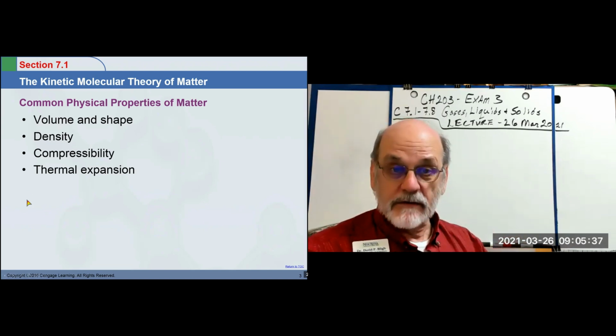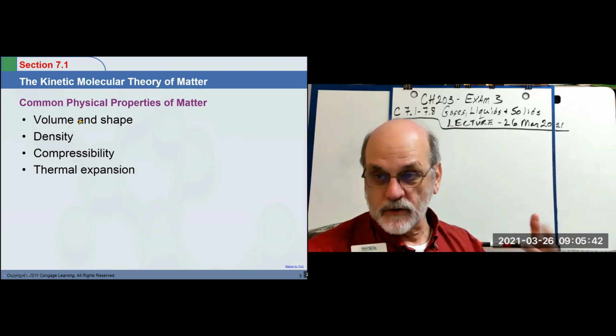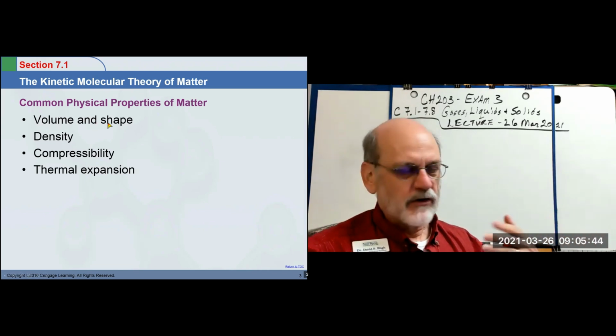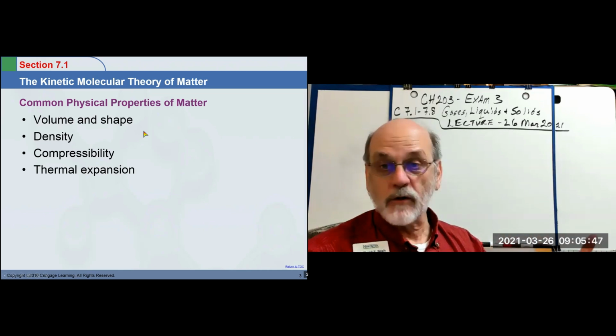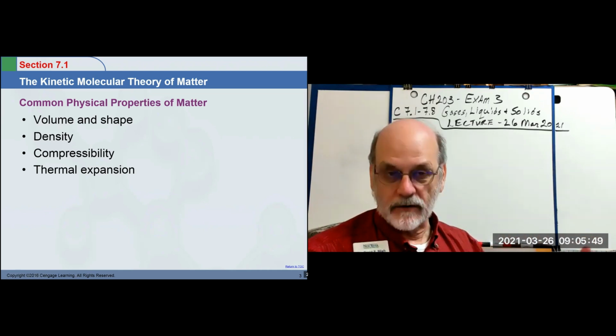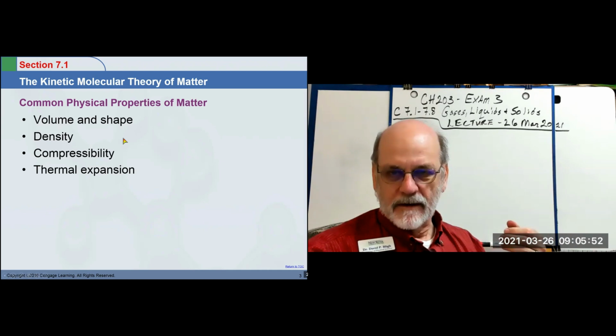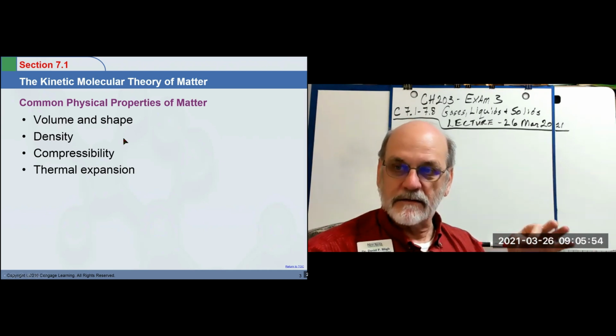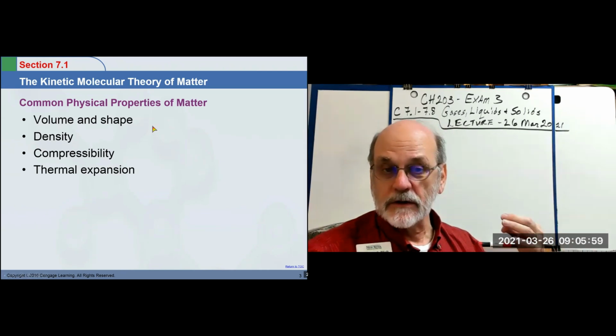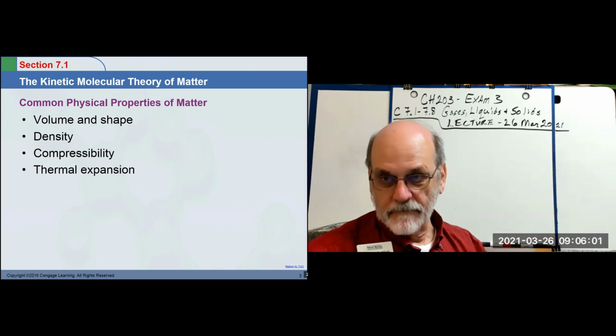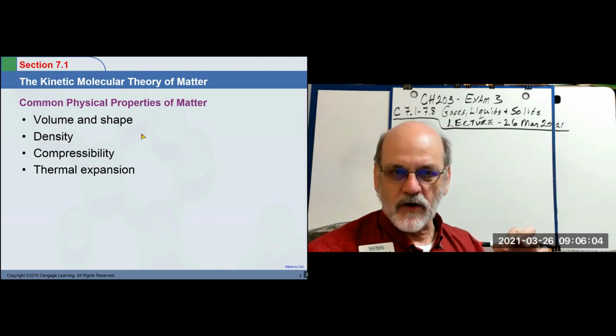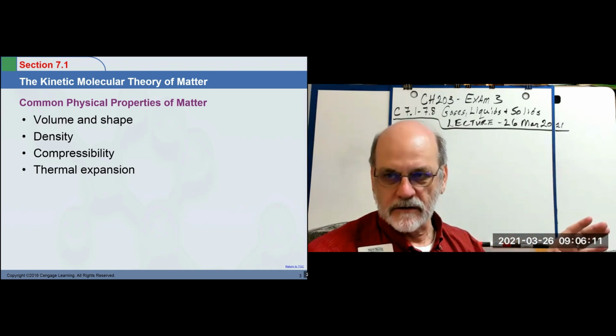We characterize matter in terms of volume, which would be its shape. Does the matter hold its own shape, or does it require a vessel? Then once we've defined in terms of volume, we also need to include how much matter is there. And typically we describe that in terms of mass, because mass will not change no matter where it is in the universe.